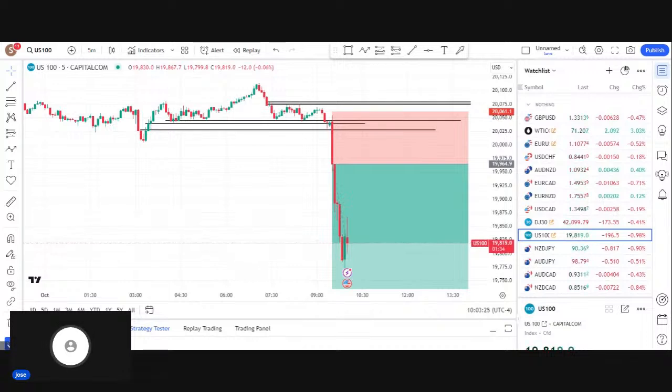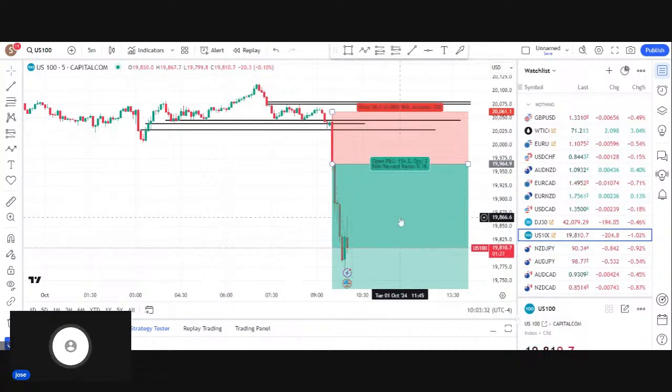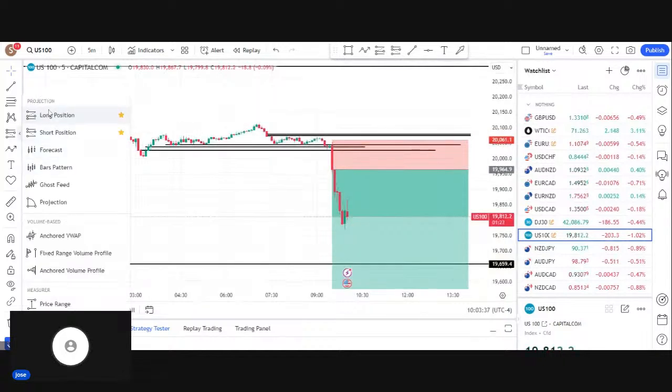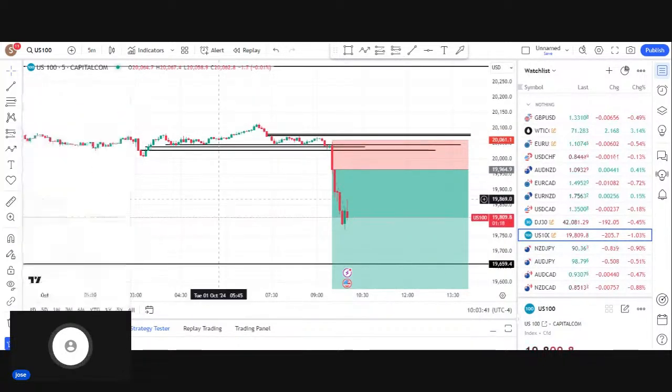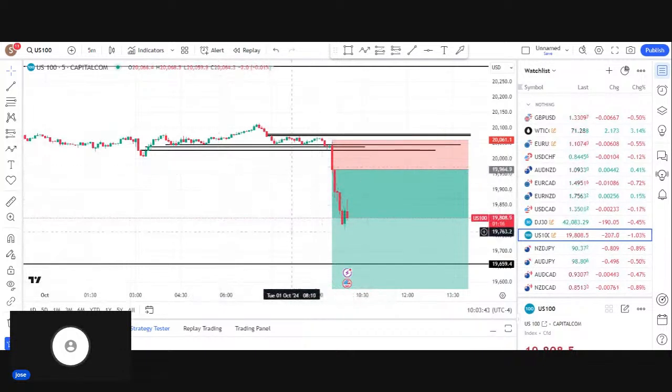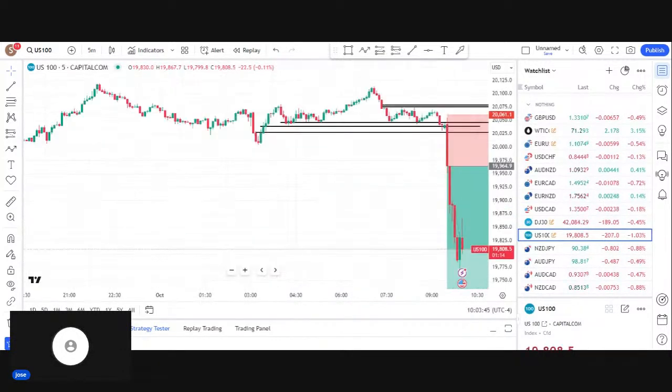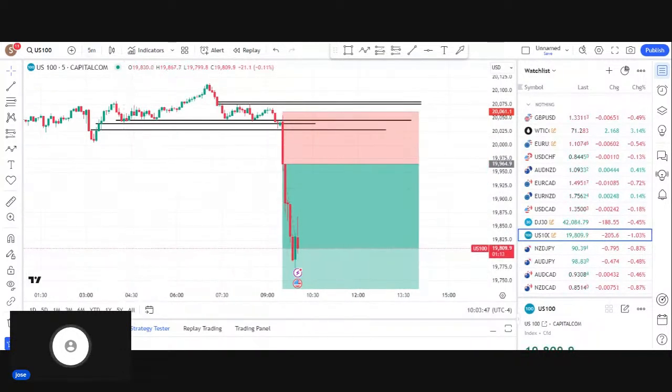And so, which tool is... All right, this tool here. If you go to TradingView, there is this projection tool, short or long. So we are short. When you are looking for your risk to reward ratio, first thing you need to know is where your stop loss needs to be.